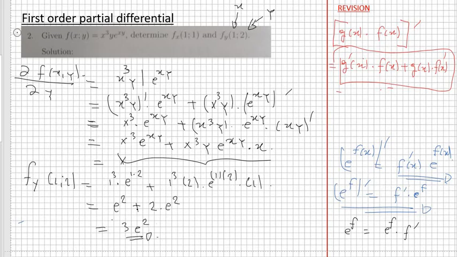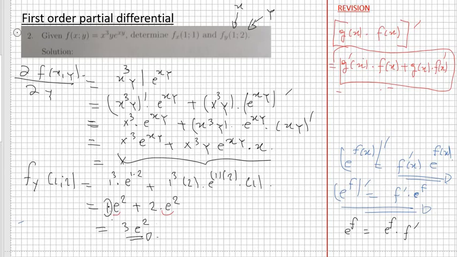So the reason why we get 3e^2 is because we have e to the power of 2, which is a like term. The first e to the power of 2 has a coefficient of 1. If we add two like terms, we just need to look at the coefficients.